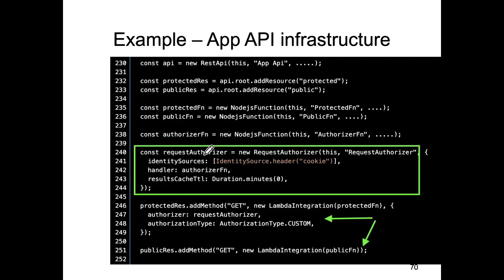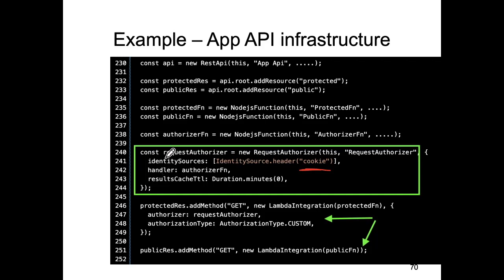Essentially we're telling it that the token will be contained as a cookie. That's the purpose of this setting. The handler is just a reference to the Lambda function that actually performs the authorization check. And I'm deciding that I'm not going to cache anything for subsequent requests. That's just an arbitrary decision again.